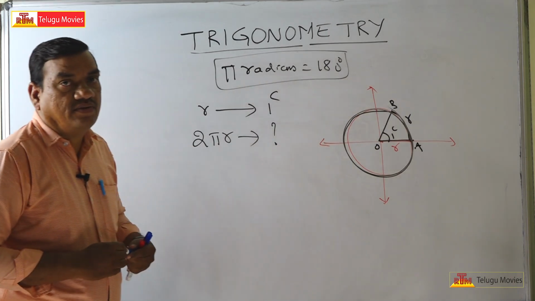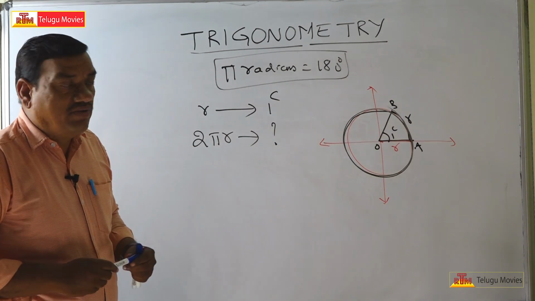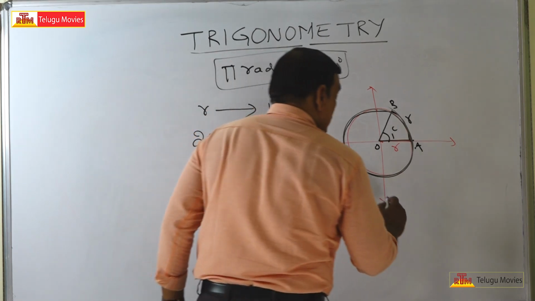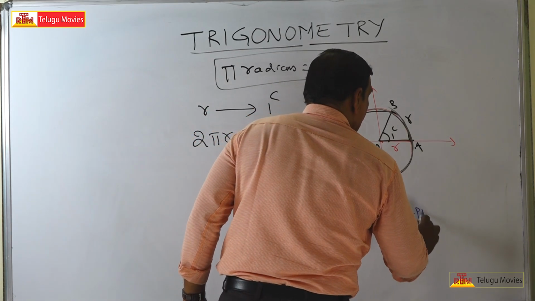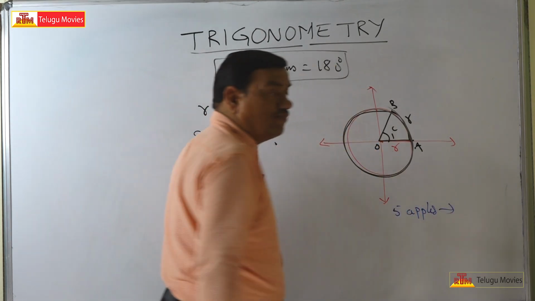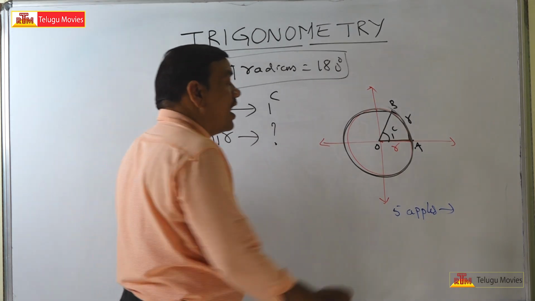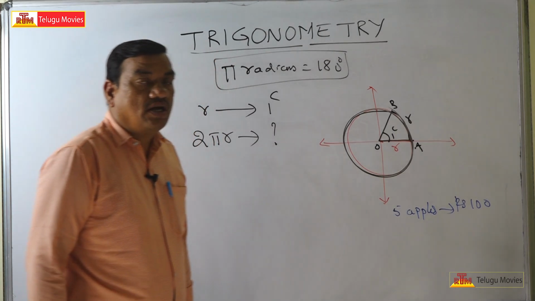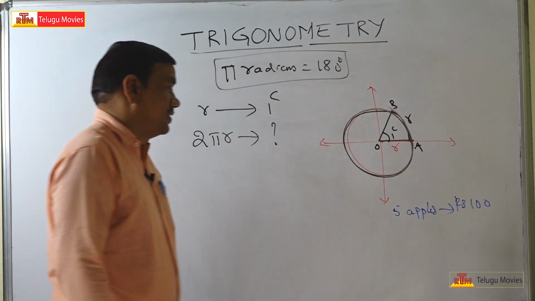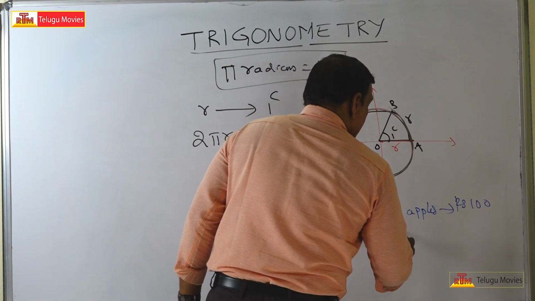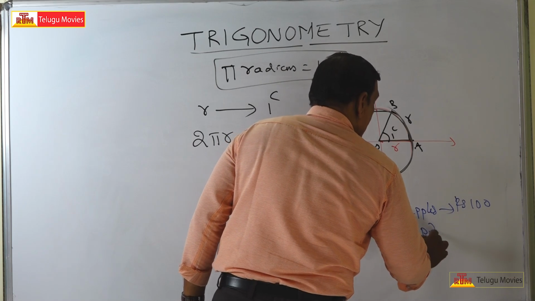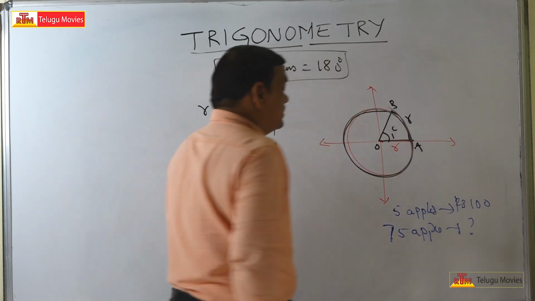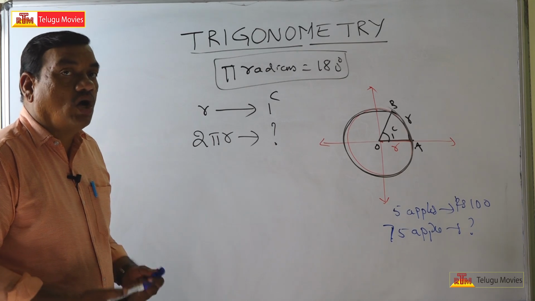That is important. So, a very simple example I will tell. For example, 5 apples cost 100 rupees. 75 apples cost how much?